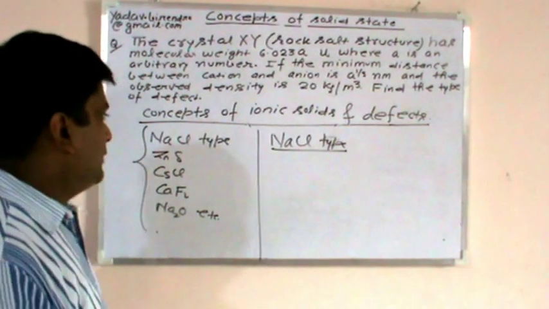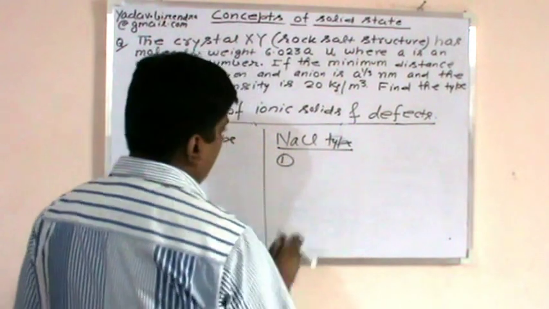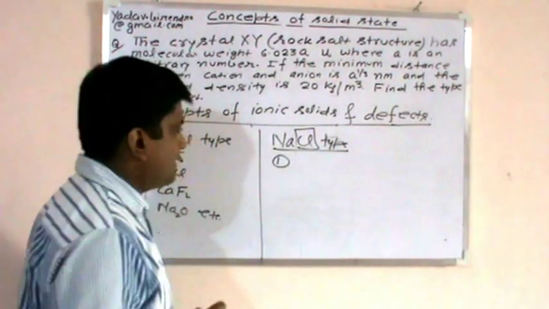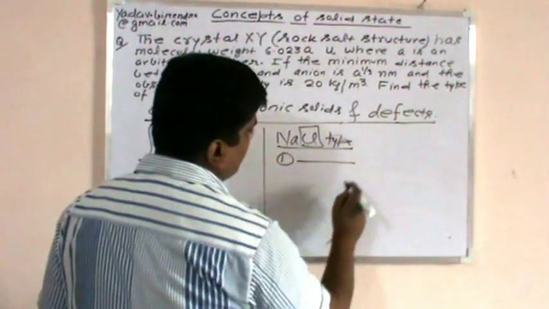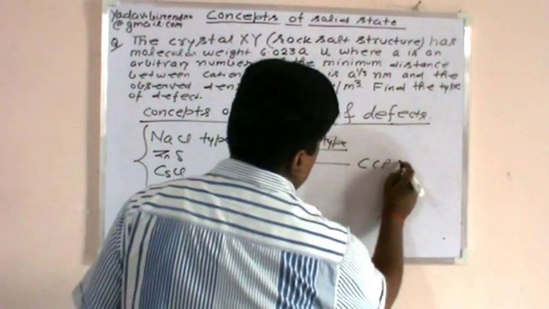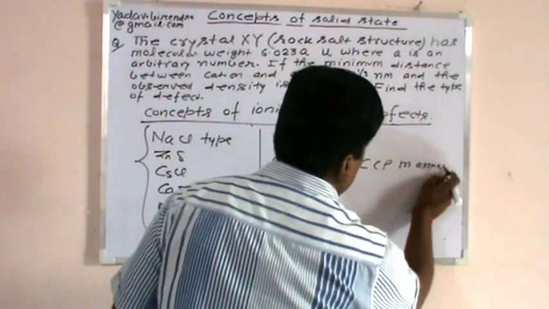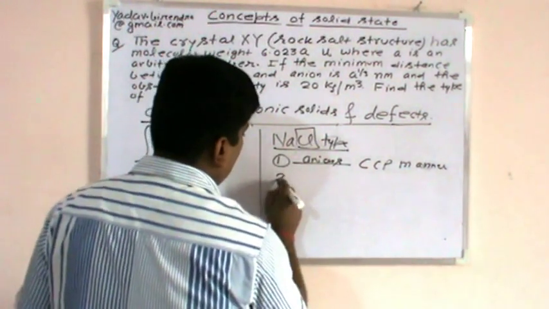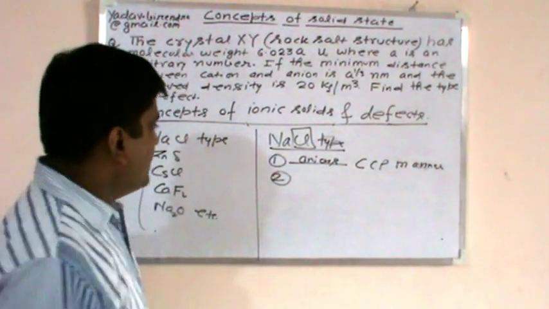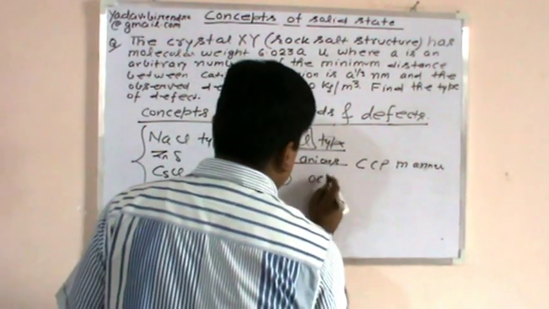Two important features of NaCl type structure are, number one, the anions, Cl minus for example, are arranged in a CCP manner. And number two, cations are there in octahedral voids.